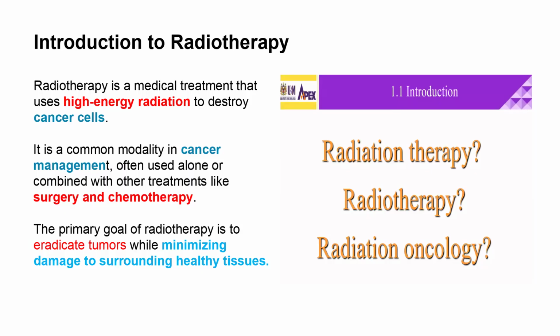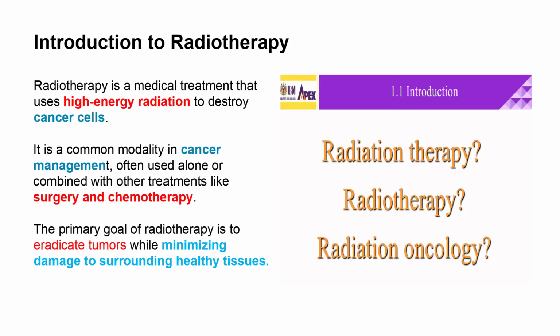So I think you need to understand that some of the examples of these high energy radiations that are used to destroy cancer cells include gamma rays. So you can use gamma rays to kill or destroy cancer cells. And another example of high energy radiation is X-ray. And apart from X-ray, we also have some ultraviolet waves.